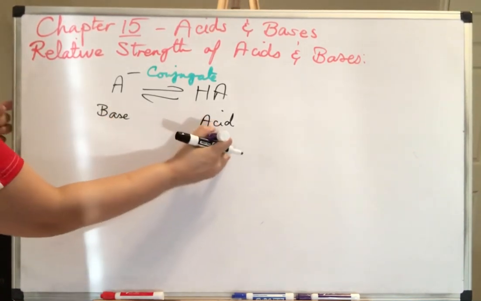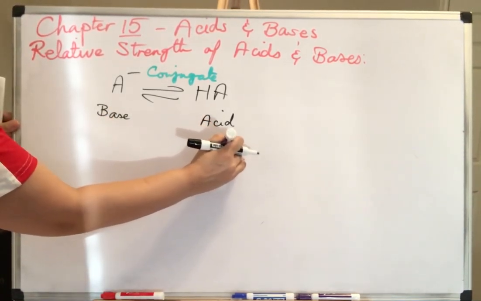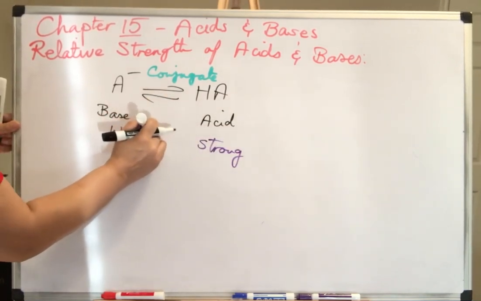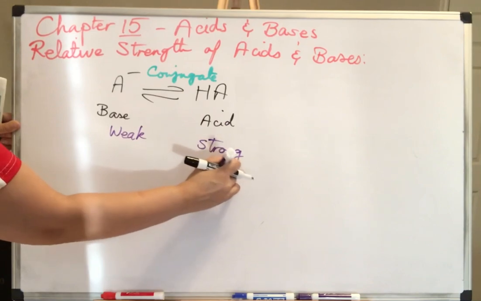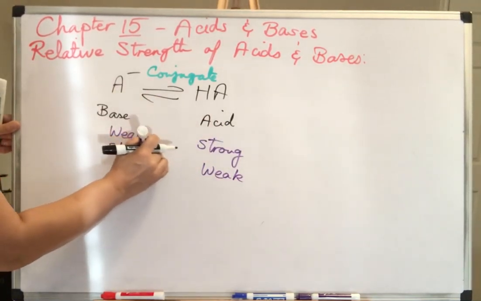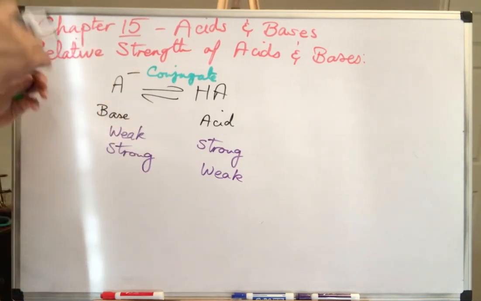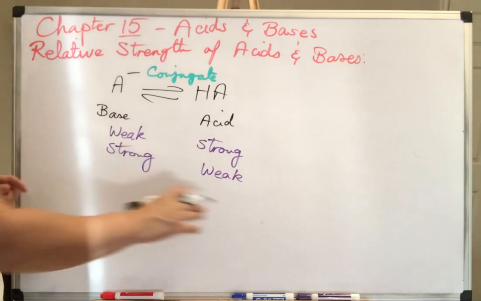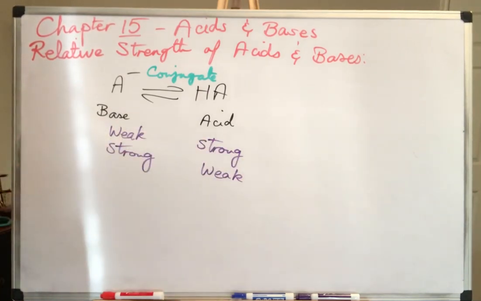If the acid is strong, its conjugate base is weak, and if the acid is weak, the conjugate base is strong. So whenever one of them is strong, the other one is weak. Whenever one of them is weak, the other one is strong.